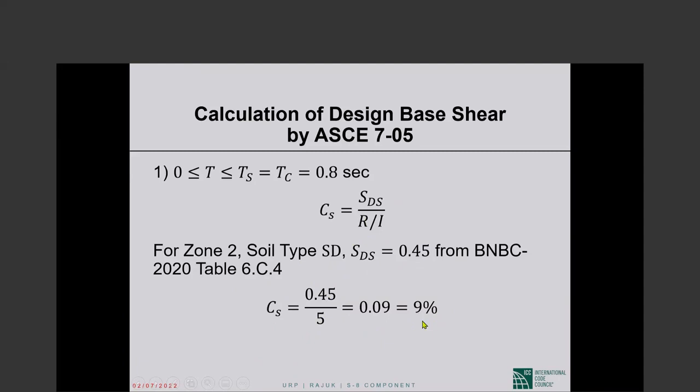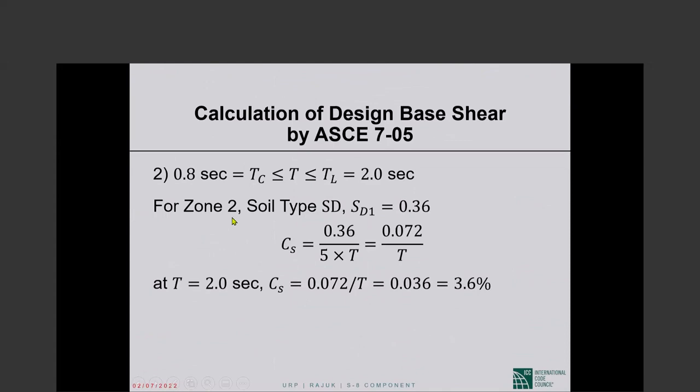This is the flat top. The base shear is 9% of seismic weight. Okay, this was called S sub A in BNBC. Then from the end of the flat top, or the beginning of the descending branch, to the end of the descending branch. And our descending branch ends at the long period transition period of 2 seconds, fixed.